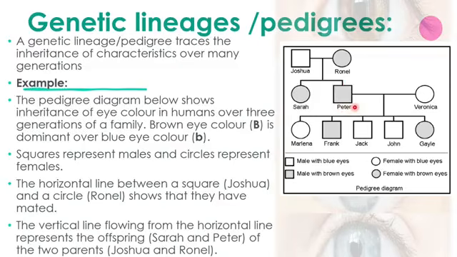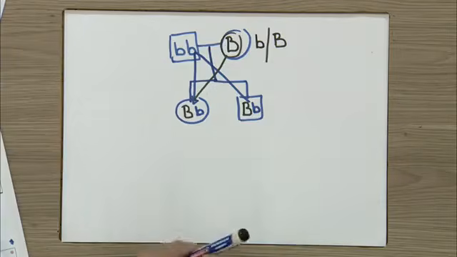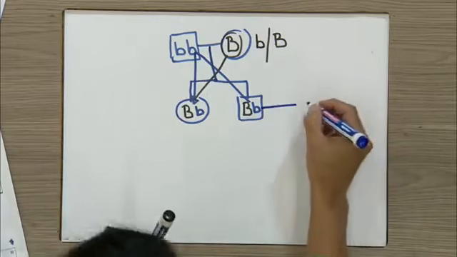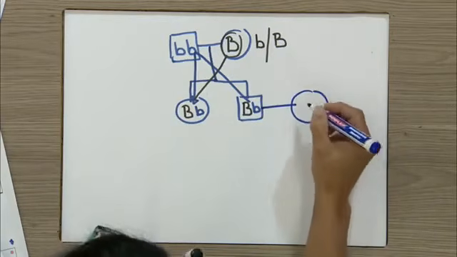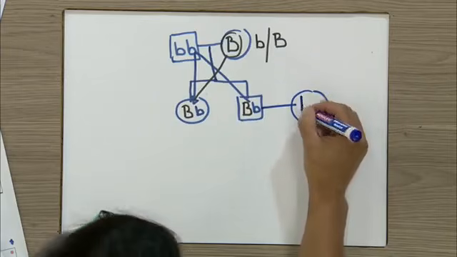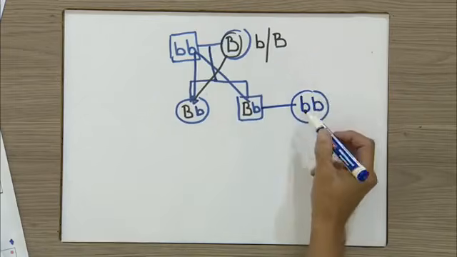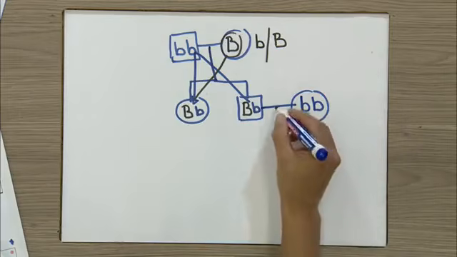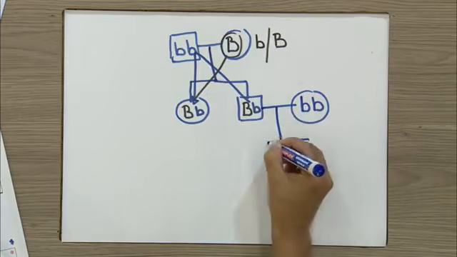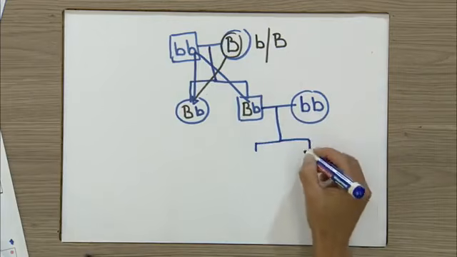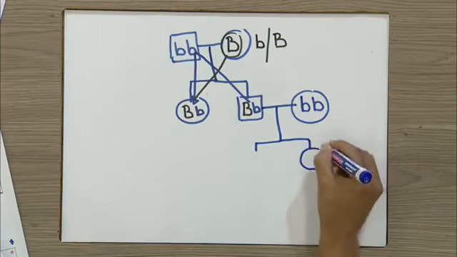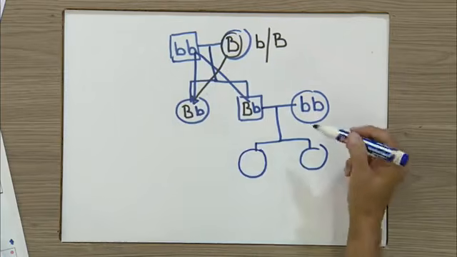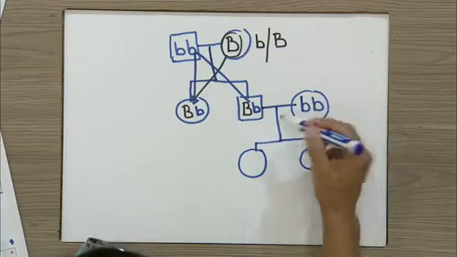So if I go quickly back to the whiteboard, to demonstrate that to you, Peter married Veronica, and Veronica's got blue eyes. For her to have blue eyes, she must be homozygous, and both her alleles must look the same. Now they had different children. I'm not going to redraw all the children, but for them to have children with blue eyes and children with brown eyes, I'm going to remind you again, remember each parent gives an allele.